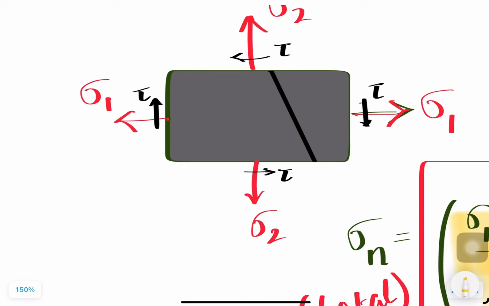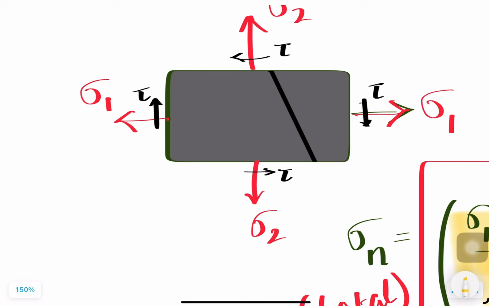Because if I know the value of the maximum normal stress and the maximum shear stress, then depending on whether the material is a ductile material or a brittle material, I'll be able to tell whether this particular material is able to withstand the maximum normal stress that is produced on a specific inclined plane, right? And the maximum tangential stress that is produced on a specific inclined plane.